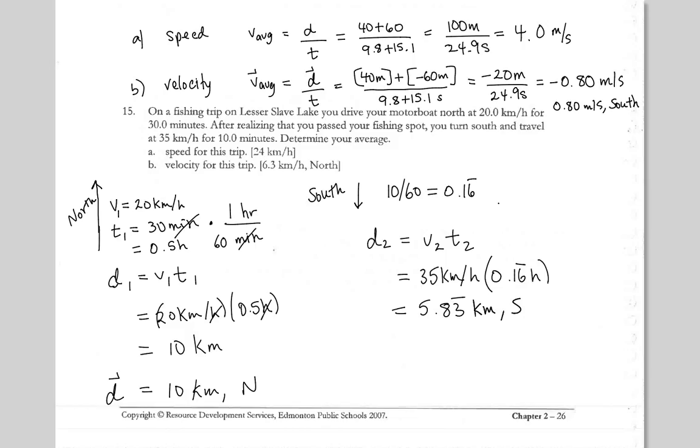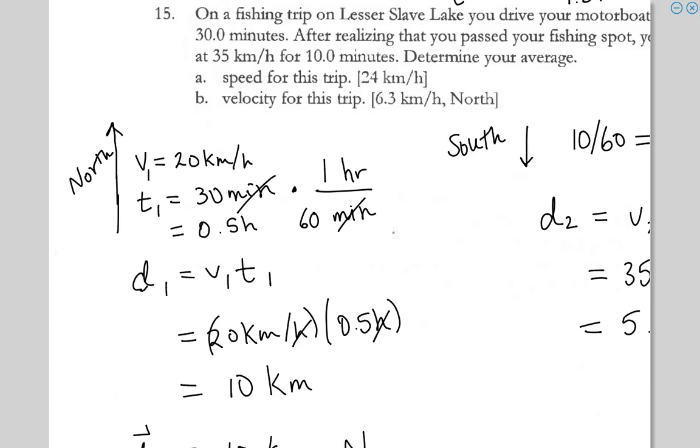So what's happened? What's your net result? If you spend $10 and then earn $20, what happens? There's a net result, right? Same in physics. If you travel north for 10 and then south for 5.83, what's the result? Your net is north, right? So that's why I drew my north arrow larger than my south arrow.